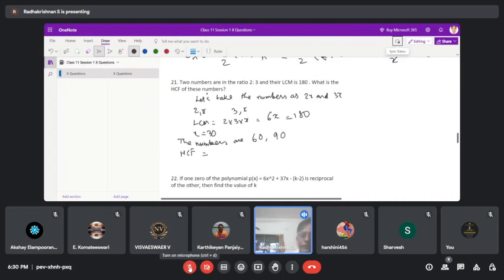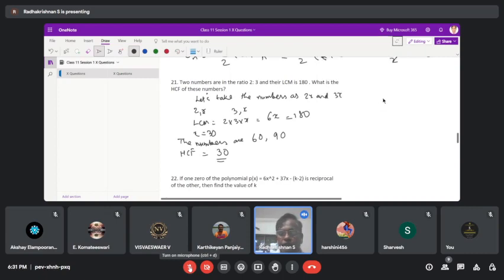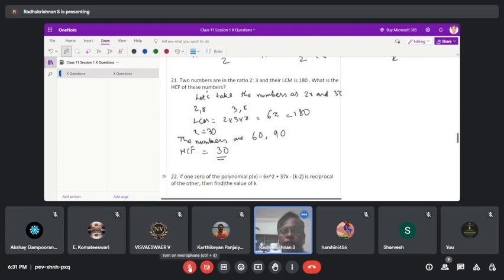What is the highest common factor of 60 and 90? It's 30, right? By looking at the numbers, we can say that the highest factor is 30, because this is 30 into 3 and this is 30 into 2. Okay. So that's it. HCF is 30.